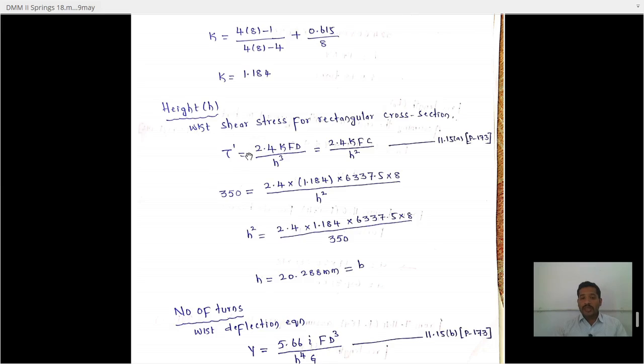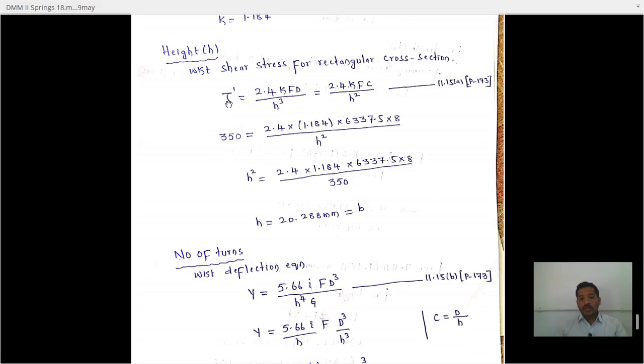So the shear stress is equal to 2.4 into Wahl's factor into force into mean diameter by height cube, which is approximately equal to 2.4 into k into F, and instead of d we can represent the spring index c, by h square. You have to refer to this equation on page number 173, equation number 11.15a.